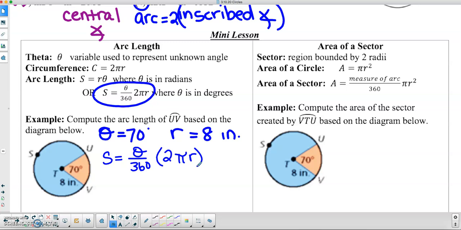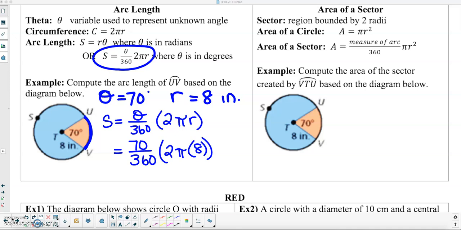Once again, theta in this case will be in terms of degrees because you're looking for this arc right here. So theta will be 70 divided by 360 times 2 pi, and then the radius here is 8.